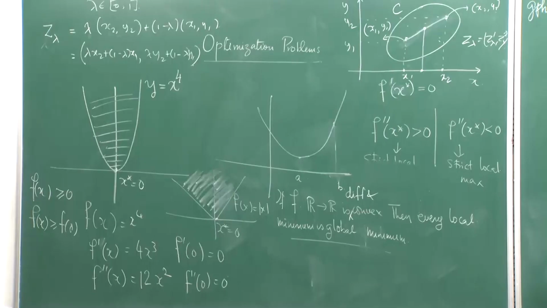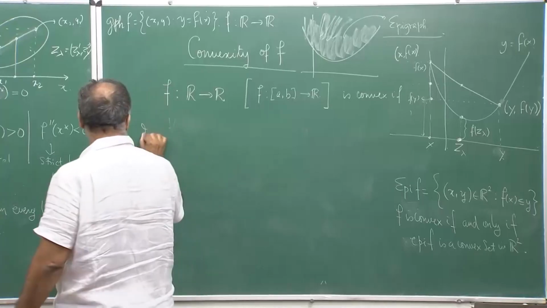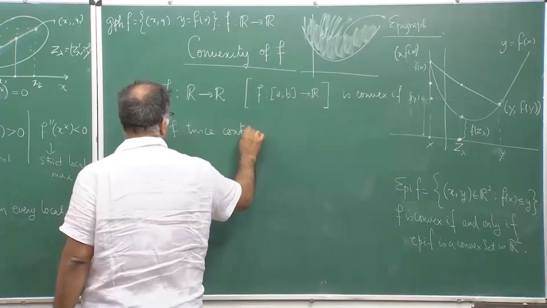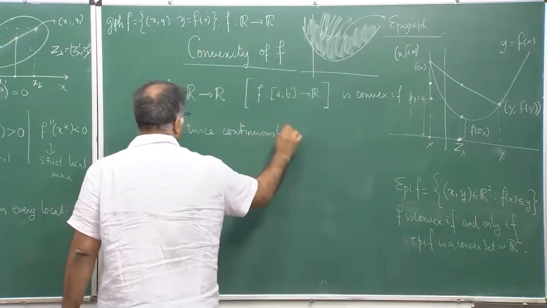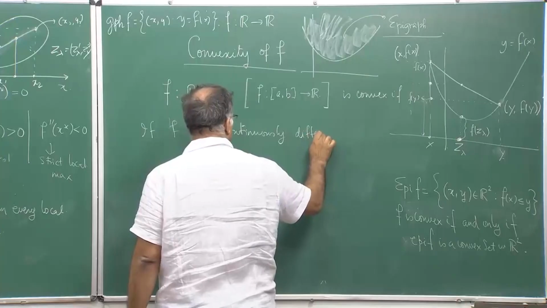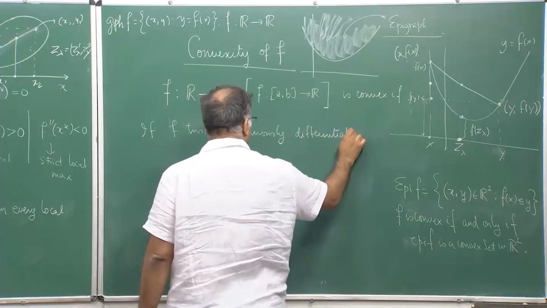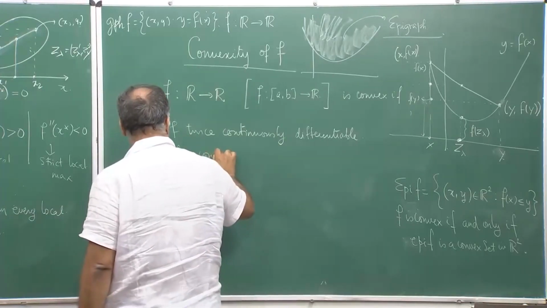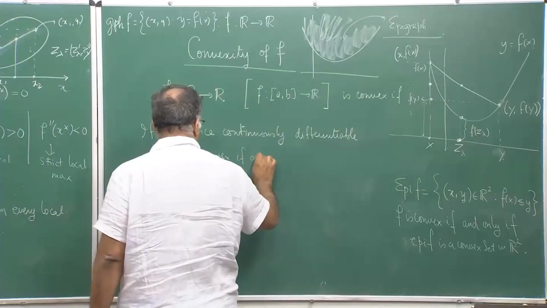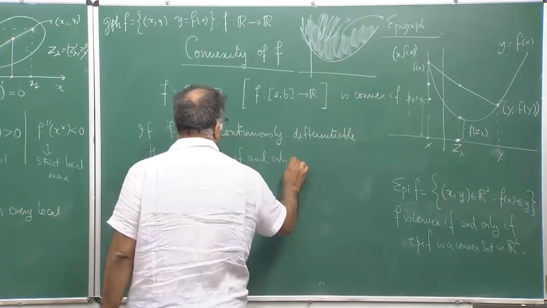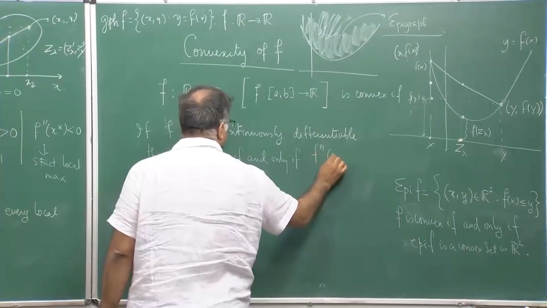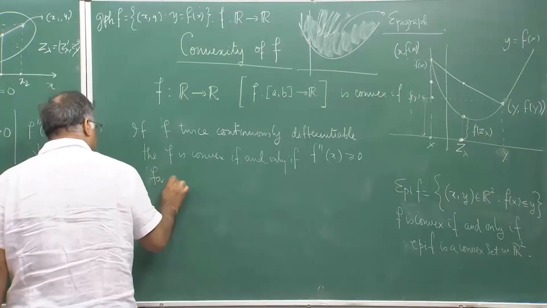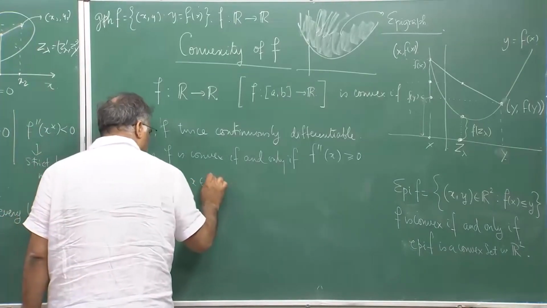If I have a twice differentiable function, if f is twice continuously differentiable, then f is convex if and only if f double dash x is greater than or equal to 0 for all x in R. This is a very, very important concept.